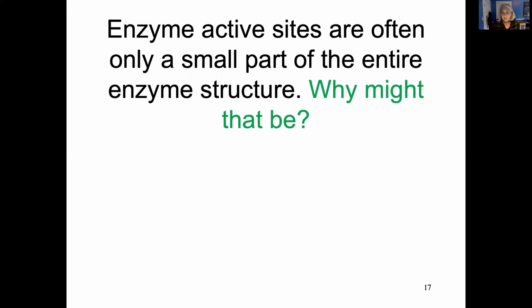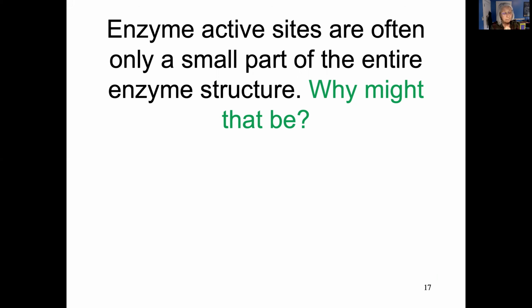So you may have noticed on these images I've shown you, the active site pockets of enzymes are often only a very small part of the entire enzyme structure. And the question for you is, why do you think that might be? So we think there are several answers here. One is that in order to get the very exquisitely sensitive structure of that enzyme active site, you need the rest of the protein to get those amino acids in just the right places.